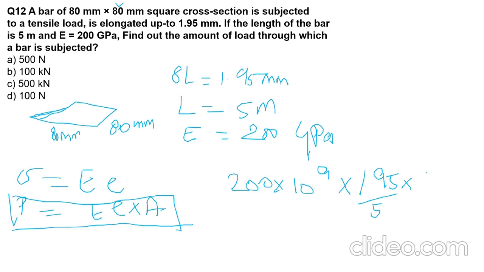Because we have the units the same, this will be 10 to the power minus 3, and you have to multiply it by the area. Because it is a square, the area will be the square of your sides, so it will be 80 times 80 multiplied by 10 to the power minus 6. So what is the answer? The final answer for your load?